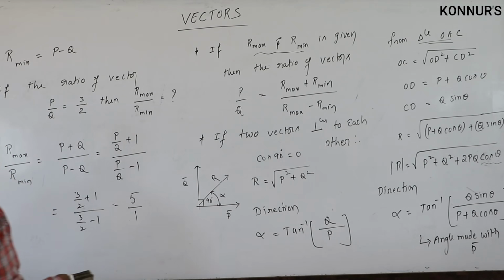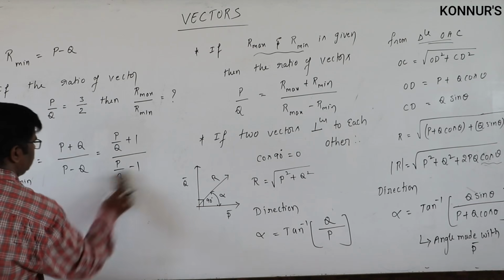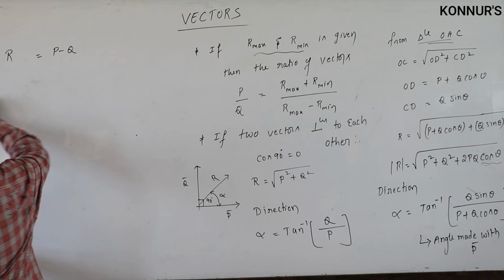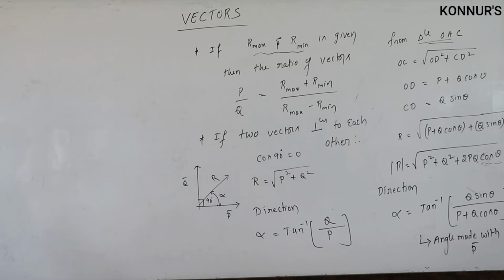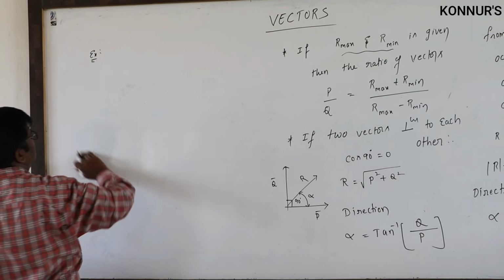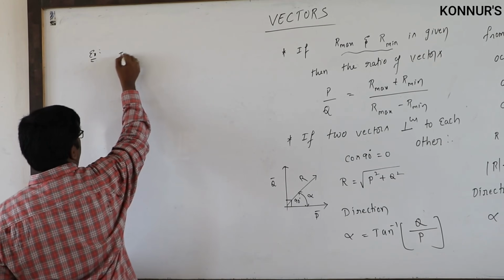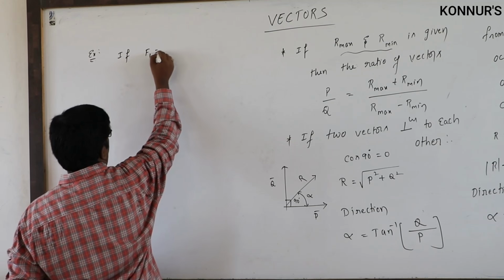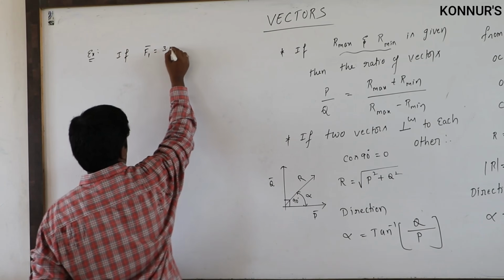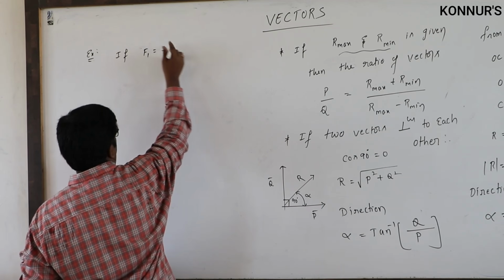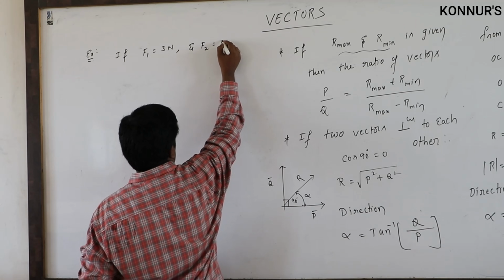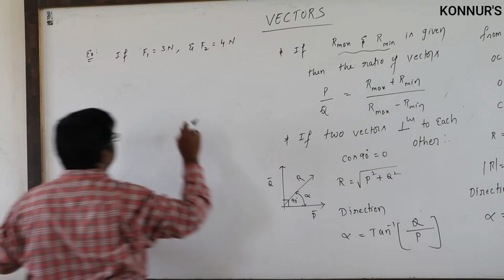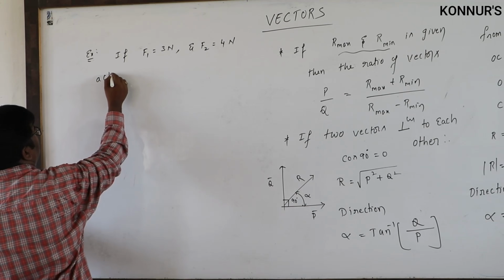Let us suppose, if you take one example, F1 bar is equal to 3 newtons and F2 is equal to 4 newtons acting on a body.